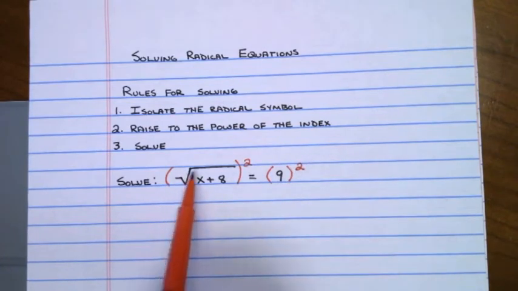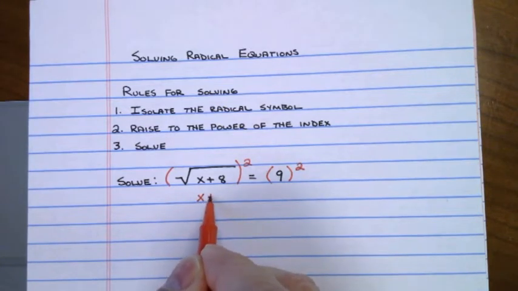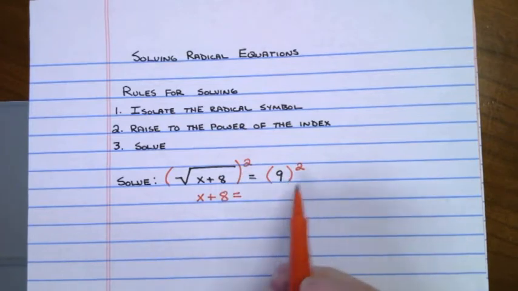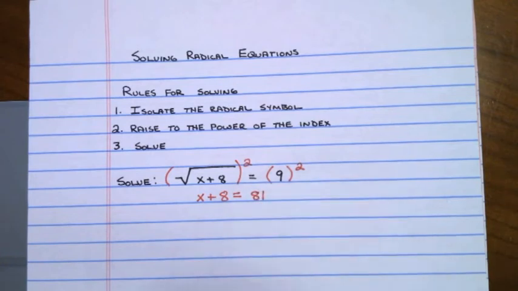Squaring this is going to get rid of this radical symbol, and what I have left over is just what's up under the radical symbol, x plus 8. So these two things canceled each other out. The square root and squaring canceled each other out. That's what I wanted. 9 squared, 81.